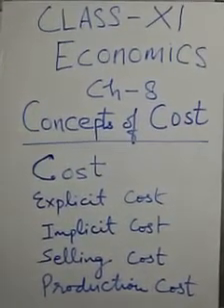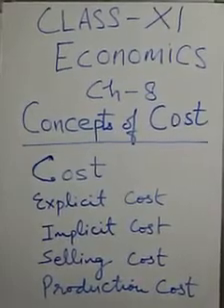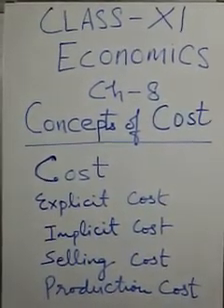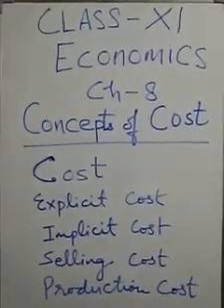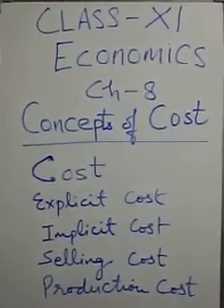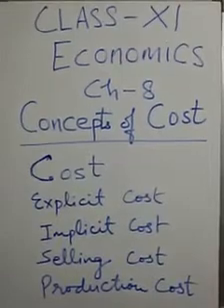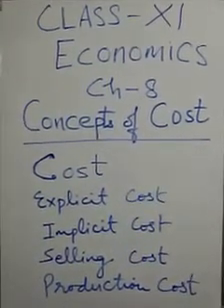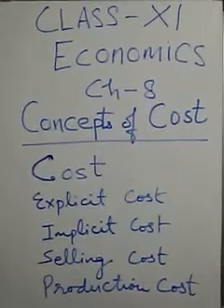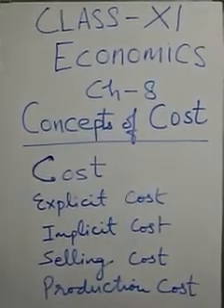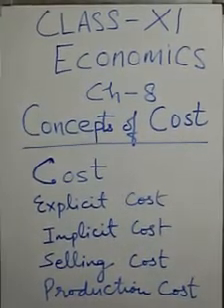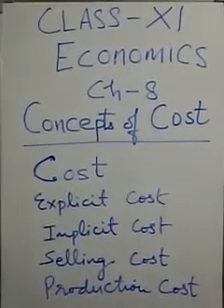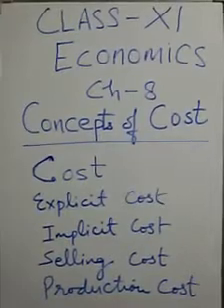Now the third is selling cost. As the name depicts, selling costs are different from production cost. Selling cost refers to the expenditure incurred by the producer to promote the sale of the commodity. Suppose the producer is spending some money on advertising, marketing, sales promotion and personal selling.